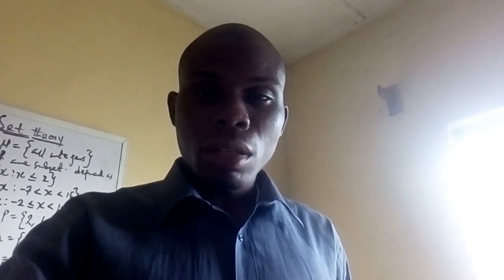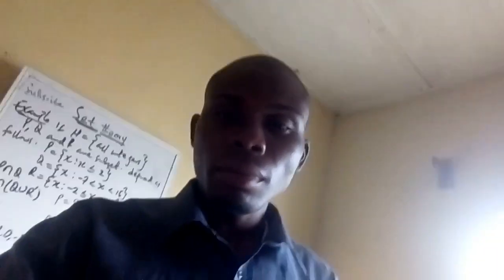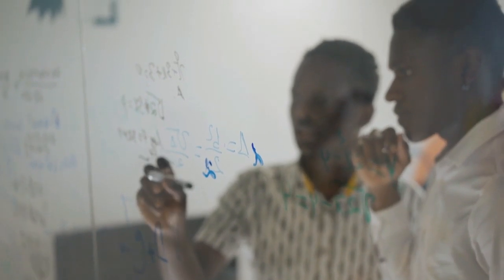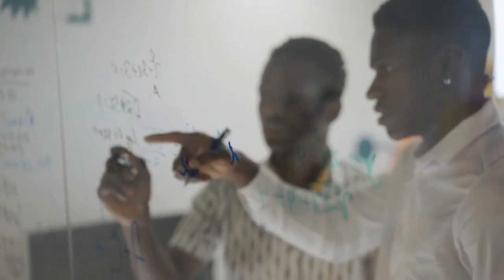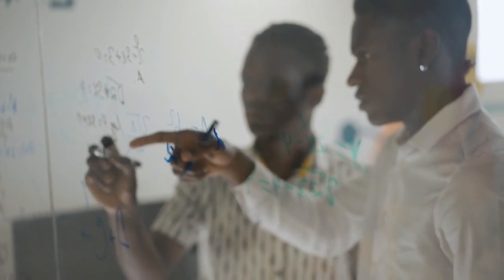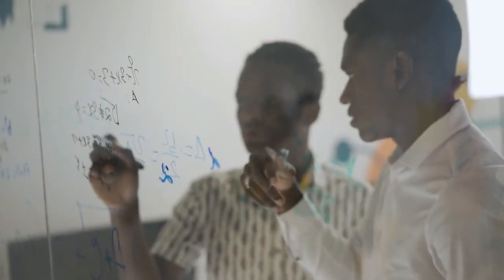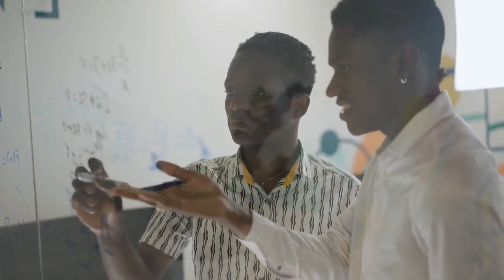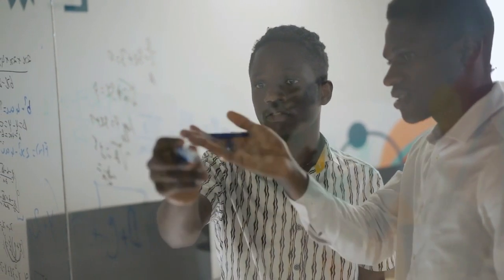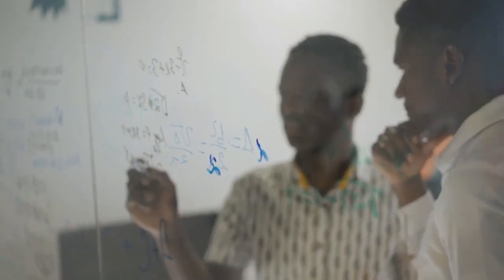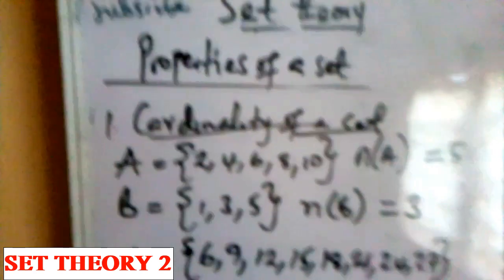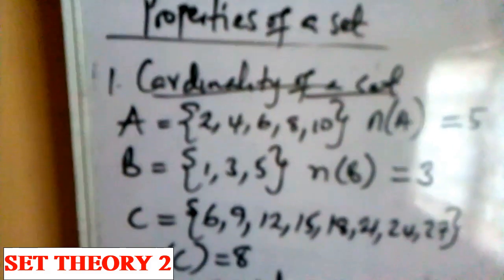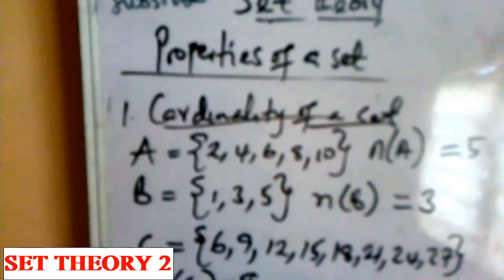So let's go into the lesson of today. We're going to take two properties of the set, and after this we move directly to set operations.